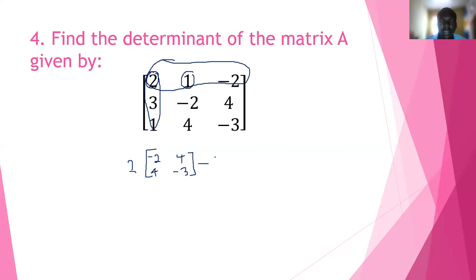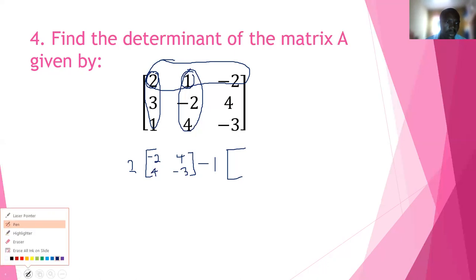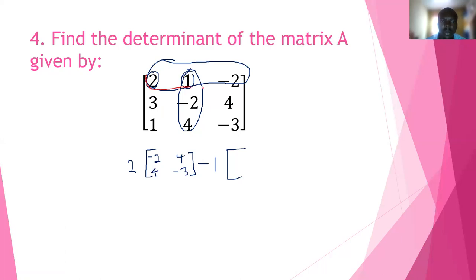That is 1 times the determinant of, so here we now close this one, and then also close this one.